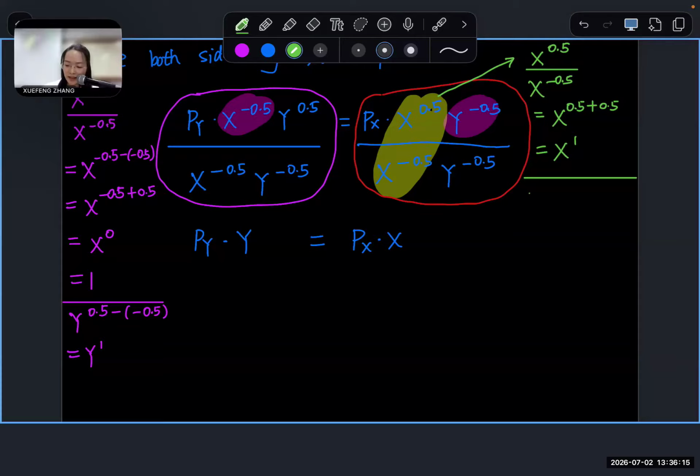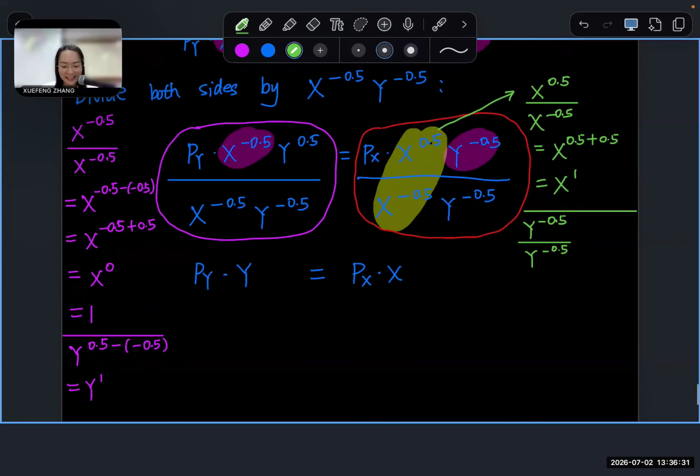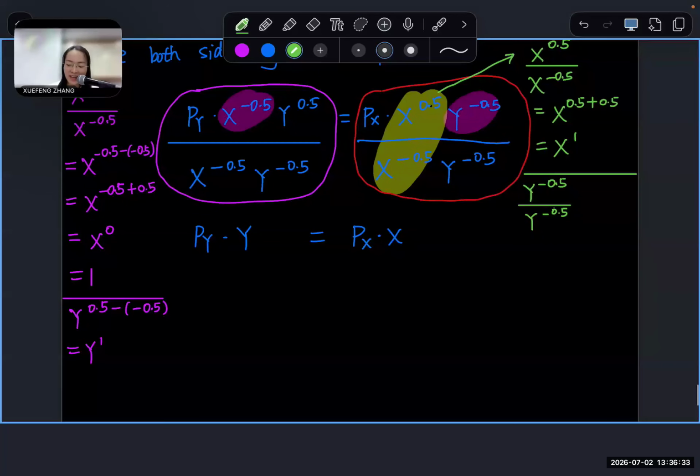Okay. Are you feeling dizzy now? No. I hope not. Okay, next one. Y power negative half over y power negative half. Here, actually, because the numerator and the denominator are the same, we just cancel them out, right?